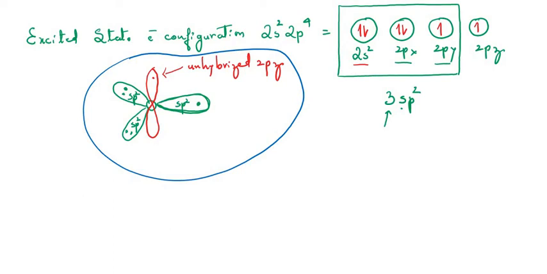Similarly, one is with respect to the 2px orbital which is having 2 electrons, and here also we are having one more sp2 hybridized orbital which is having 2 electrons. And the one represented with red ink, I hope you are able to see, is the unhybridized 2pz orbital. It is not empty, it is having 1 electron.